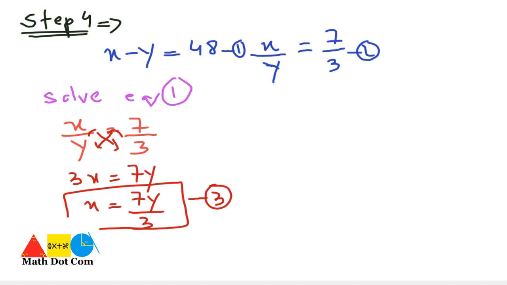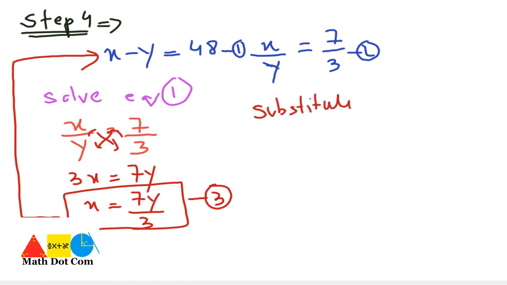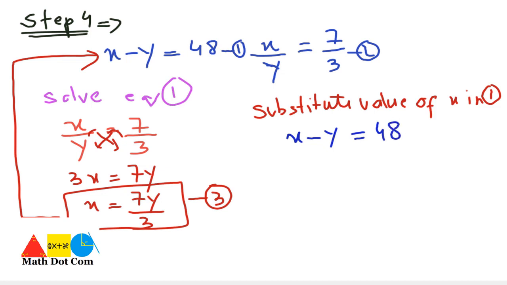Now we will substitute the value of x in equation 1. So how can we do that? x minus y equals 48. The value of x is 7y over 3, minus y equals 48.